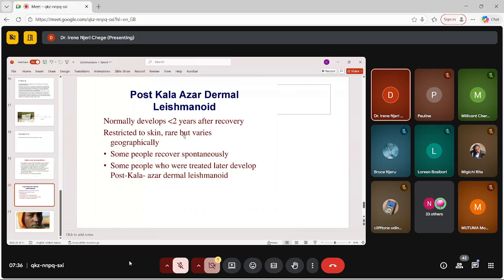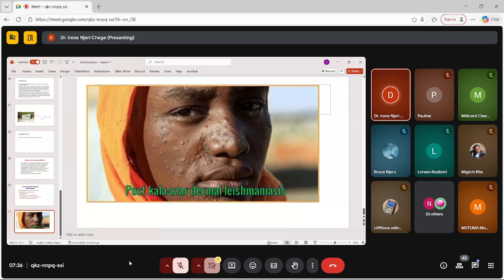I think you will go and look at the proposed mechanism of action of the drugs used in treatment of leishmaniasis. We have covered it. We have the pentavalent antimonial compounds, then miltefosine.